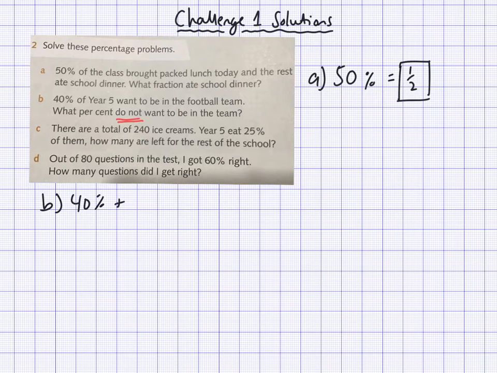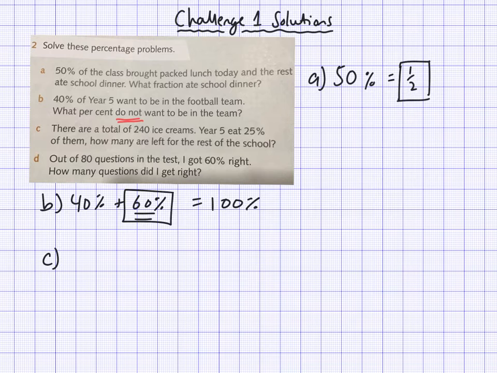So 40% plus 60% make 100. Remember, percent means out of 100, so percentages must always add up to 100, and they can't go beyond that. So I'm looking here at 60% of year 5 do not want to be in the team, because 40 plus 60 takes me to my 100%. So that's my answer.